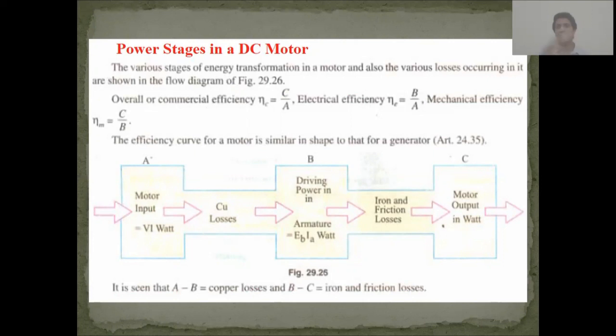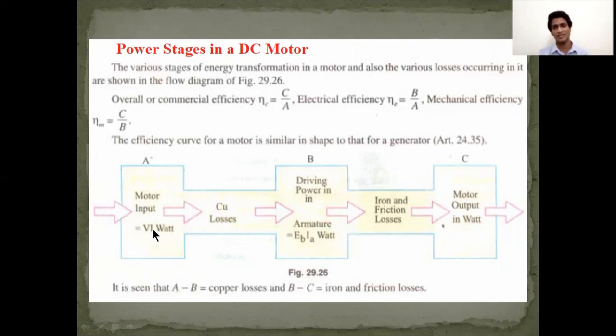Then we get a mechanical output from my DC motor when I give electrical input to my DC motor. So motor input is V into I. That means DC supply V is given across my armature. Then I will be flowing to my armature, and it is split as armature current and field current. That is the motor input. When we give motor input, that is electrical input, what happens?